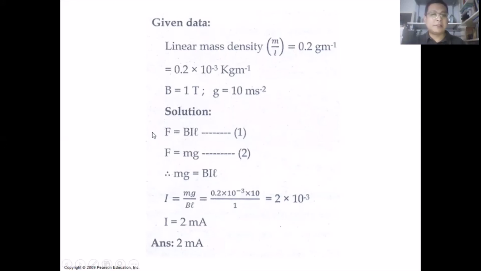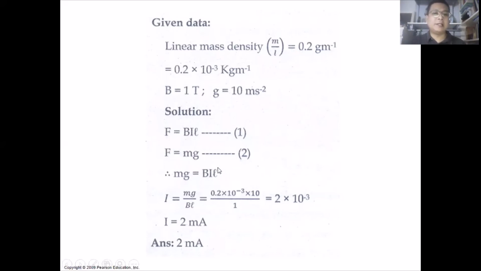So based on the formula, the force equals the magnetic field times the current times the length of wire. As we know, the other force, in Newton's law, equals mg. So we can compare: the force in the magnetic field equals the force in Newton's law.